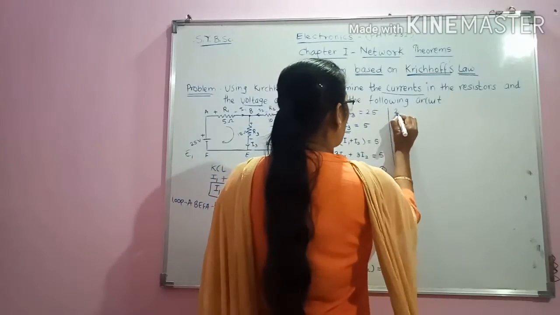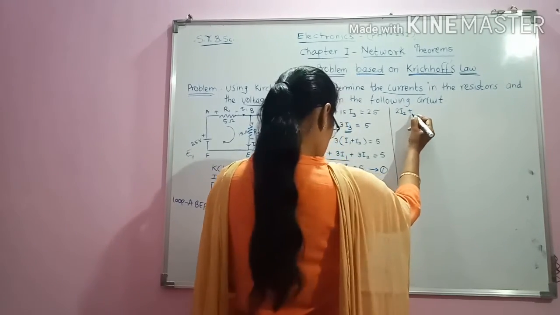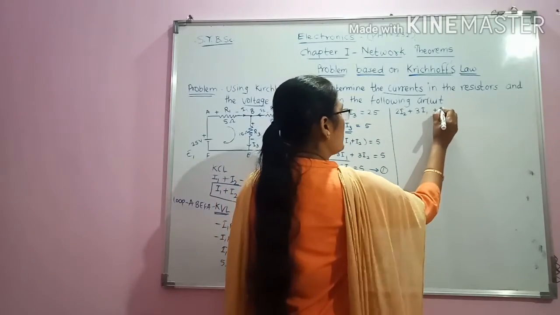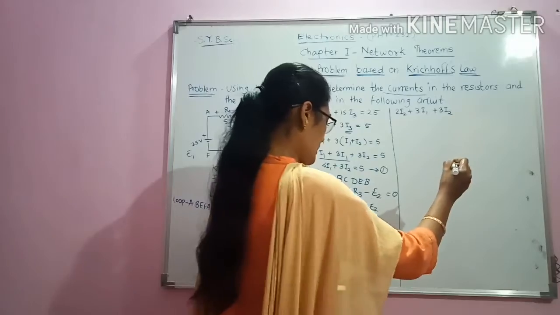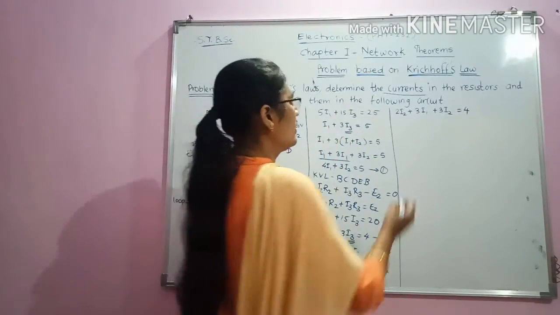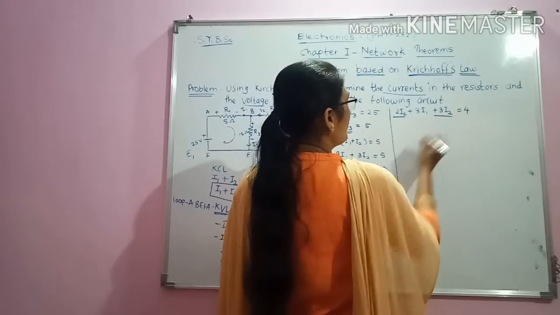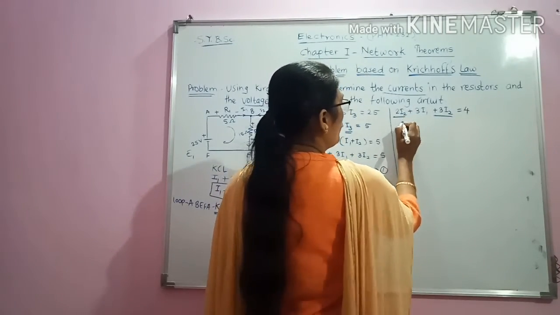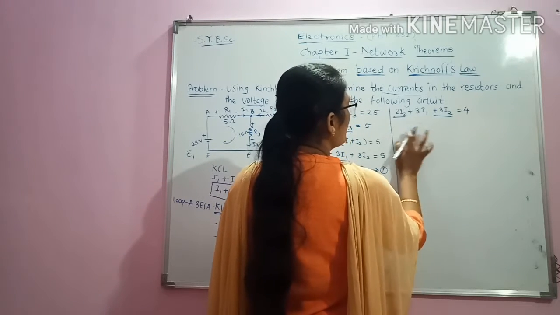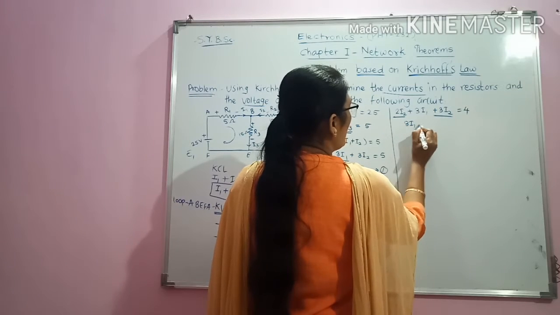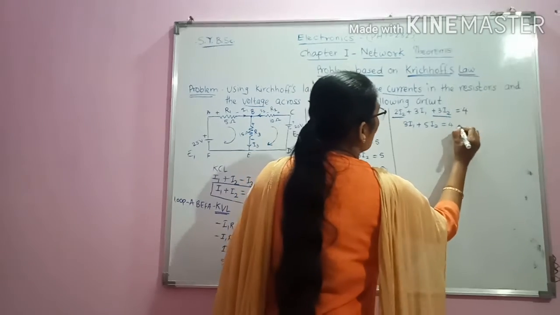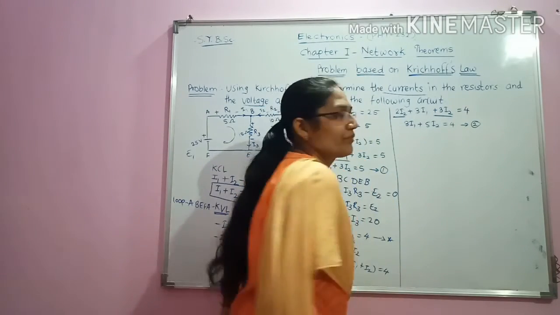So twice of I2 plus thrice of I1 plus thrice of I2 is equal to 4. Add the I2 terms: 3 plus 2, 5 times I2. Initially we write thrice of I1 plus 5 times I2 is equal to 4. This is our equation number 2.